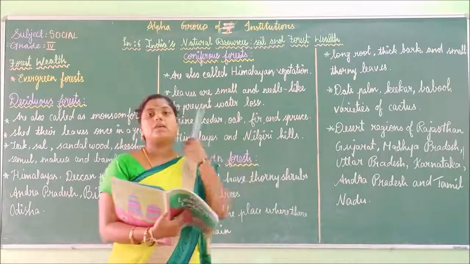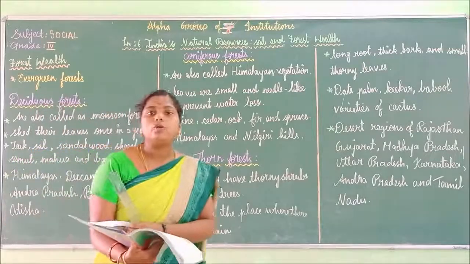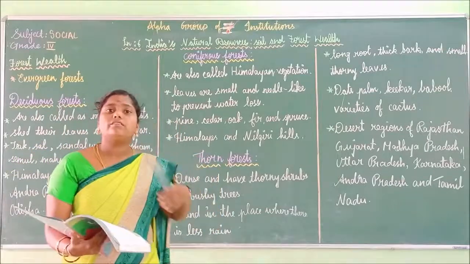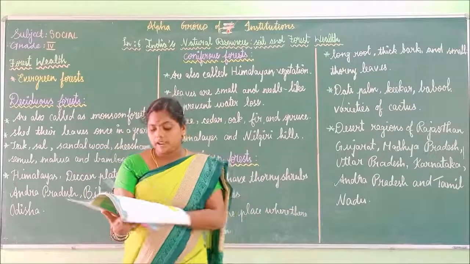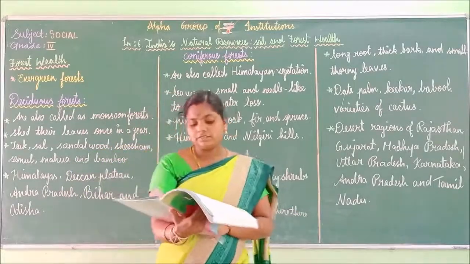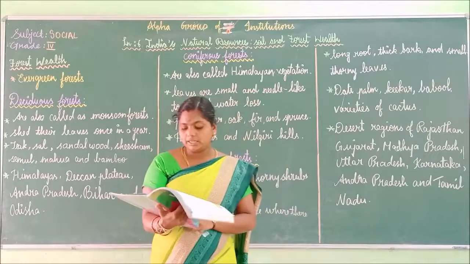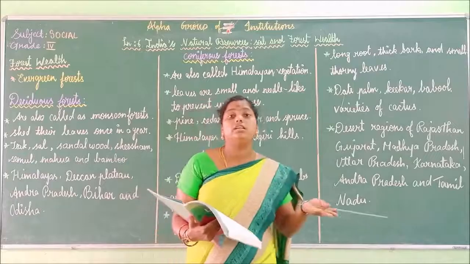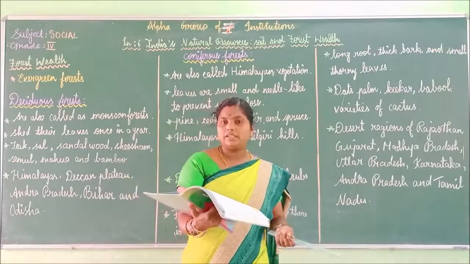The first thing we learned is evergreen forest. We learned about evergreen forest, where it is always raining. The trees in this forest stay green throughout the year as they do not shed their leaves. This is the reason why they are called evergreen forest.